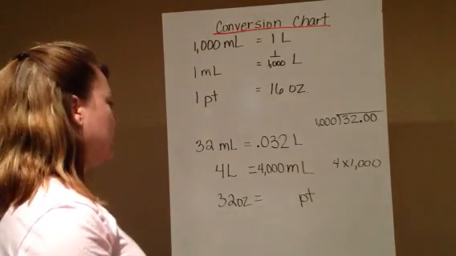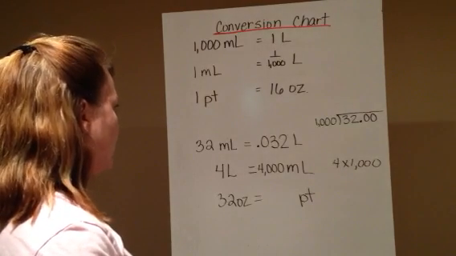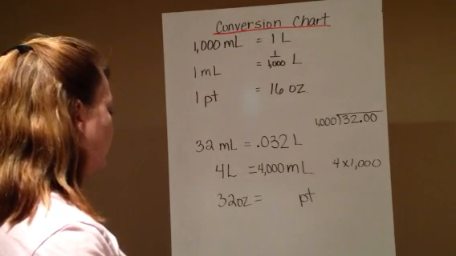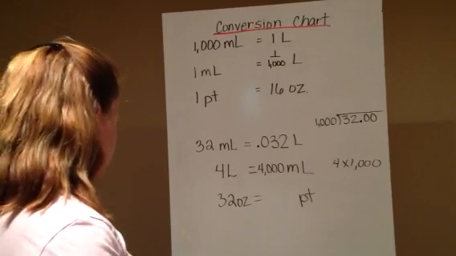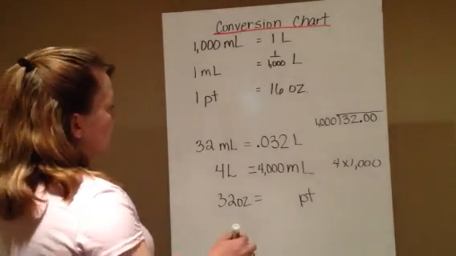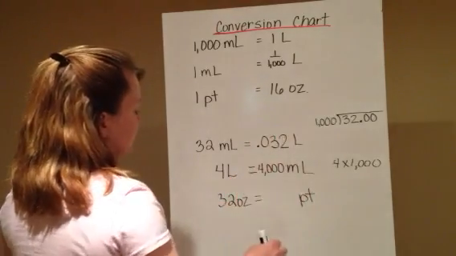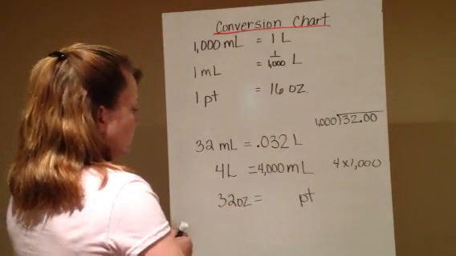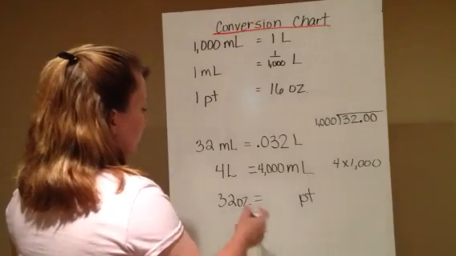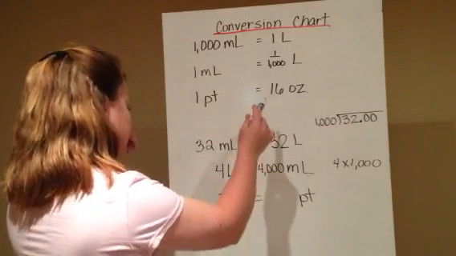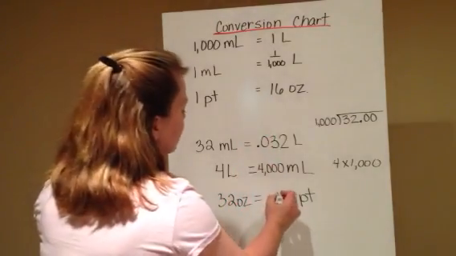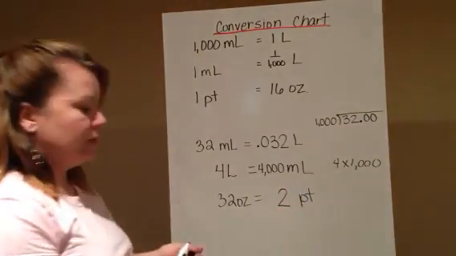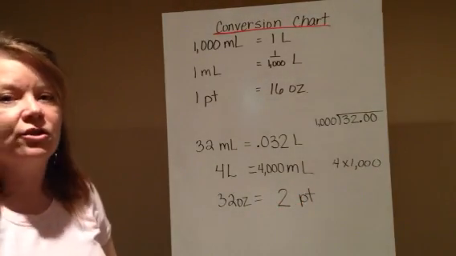So if we're going from ounces to pints and we divide, again, this is going to be kind of a hard one, right? Because how many pints are we going to divide by 16? So if we have 32 divided by 16, that's going to give us 2 pints. Because 16 and 16 is 32.